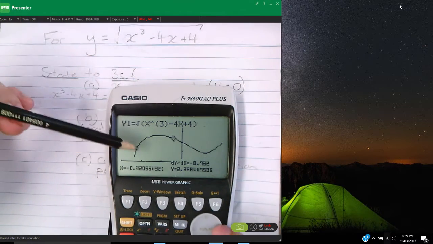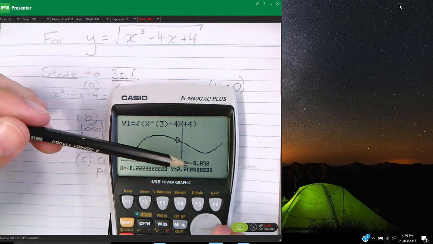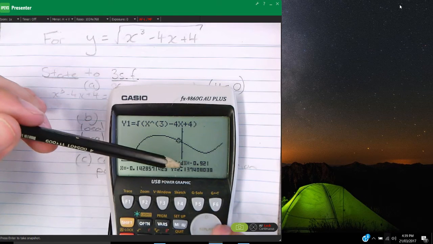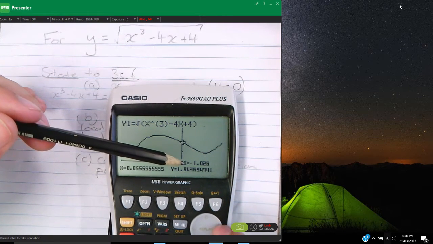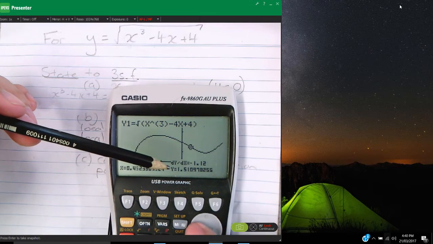So if you look, it's getting more and more negative. Our slope is becoming more and more negative. There we go.